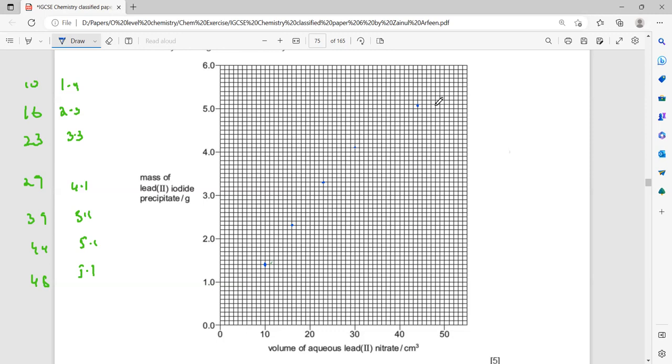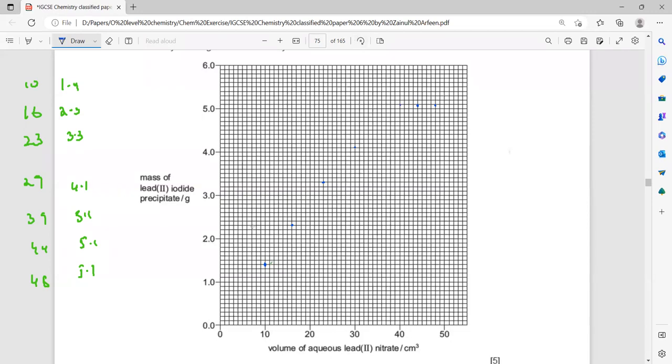And 39 and 5.1 is also there. So this was 44. So these are the points.